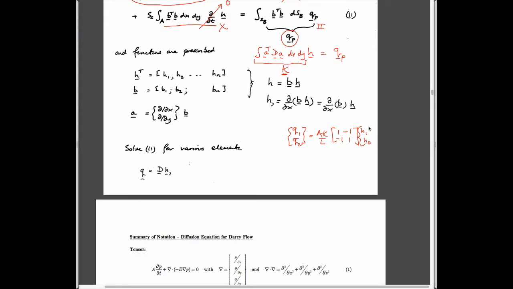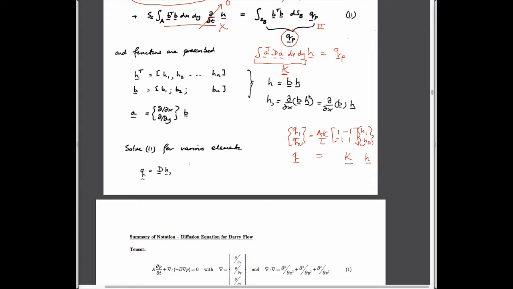I'm not sure we ever did this, but we could have called this the flux vector. We could have called this the head vector, and they're related by a conductance matrix. And this is a typical finite element statement. It links the magnitudes of nodal heads with magnitudes of nodal fluxes by some matrix that we can define.